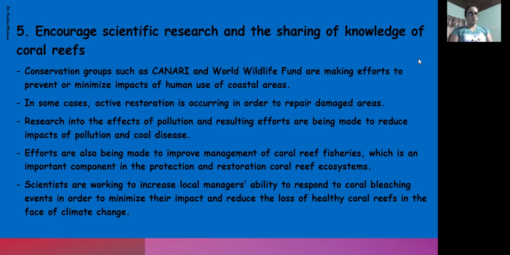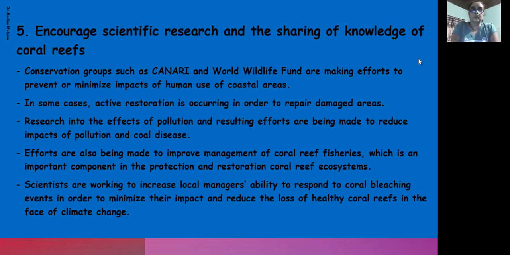Okay, remember, once you have tourists and hotels and so on in the coastal areas near the reef, it can impact negatively on the reefs. In some cases, active restoration is occurring in order to repair damaged areas.